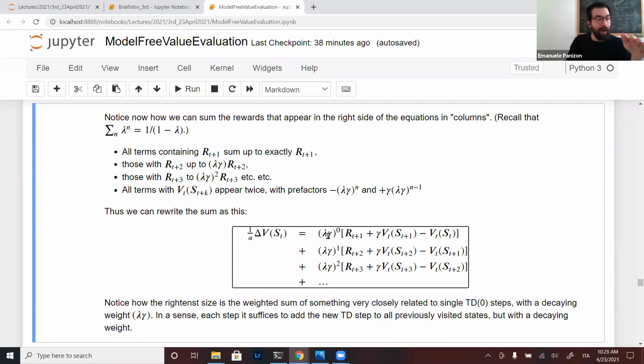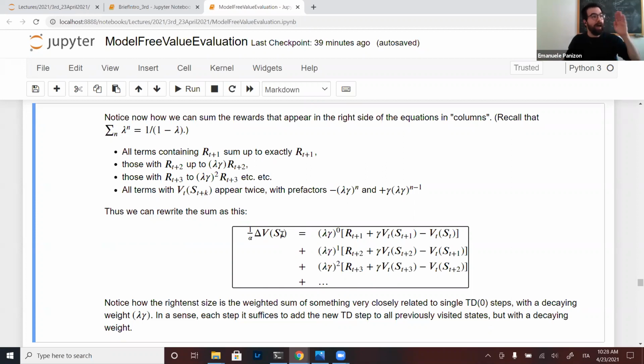So I can use this in the sense that if I want to do a change at time t, it's like I'm keeping on doing an update to this state here. So the value of state t, it's like I do it with weight 1 at t equal t. At the next step, I'm again updating the same state, even if I'm now in another state, I'm updating the same value of the same state, but with a decaying factor.